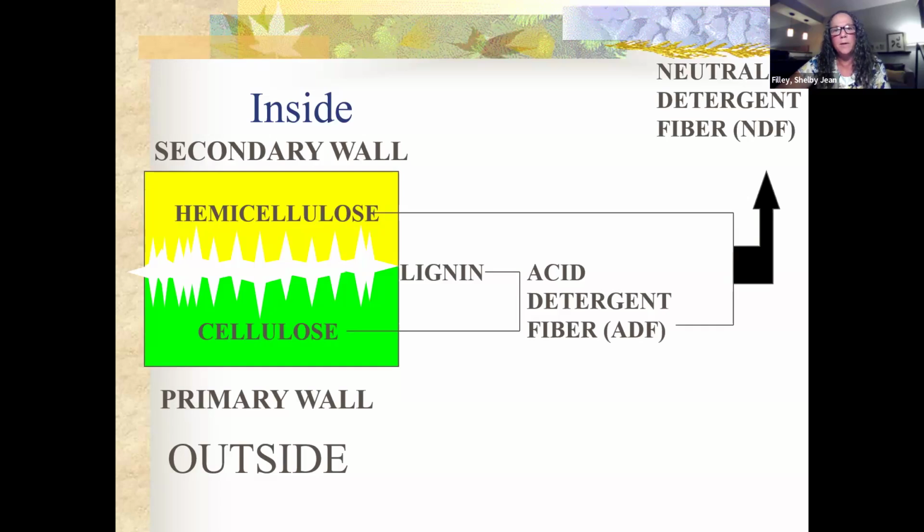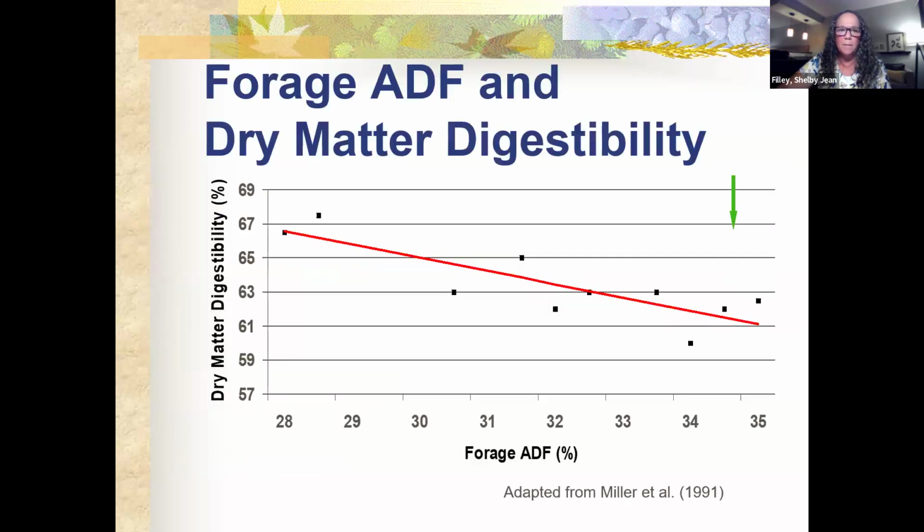So if you're not familiar with these terms, don't worry about it too much, but it's interesting to understand what's going on with that plant cell and why the protein and energy is hard to digest in those plants by the rumen.